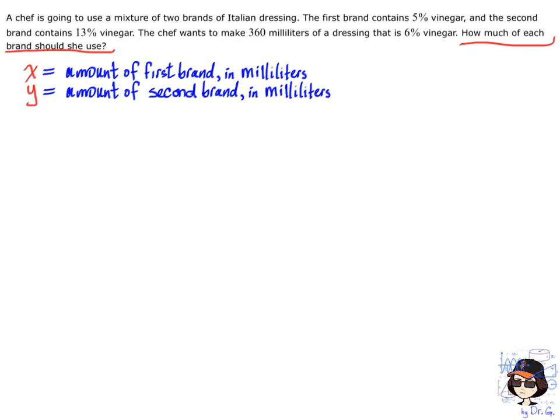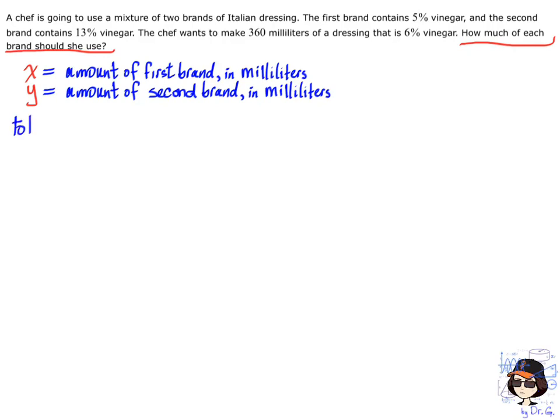There's the total amount of liquid, the total amount of dressing that she's working with: the number of milliliters of each of the first two brands, and the number of milliliters in the final dressing. And then there's vinegar. Each of these bottles of liquid has a certain amount of vinegar in it. So let's separate those two things into two equations.